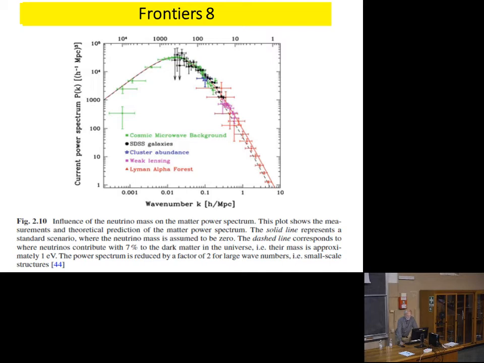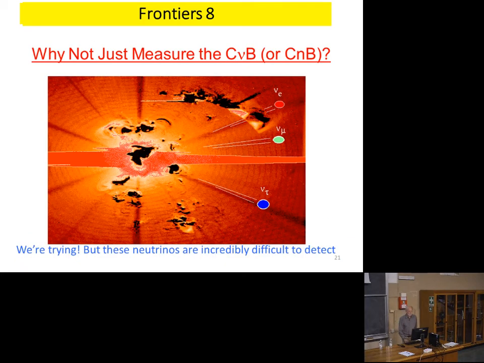I think it's 1 eV. So the dashed line corresponds to 1 eV, the solid line is no mass, and basically we can't measure it this way, but I show it to illustrate that, again, the neutrino affects a lot of what we try to do and understand about astrophysics and especially cosmology.